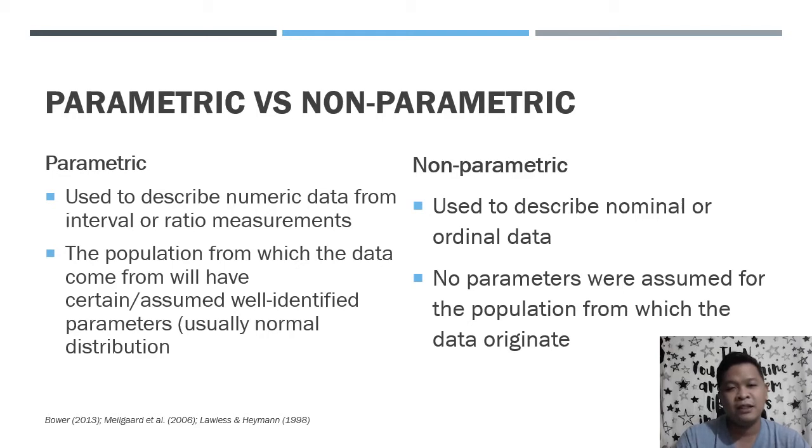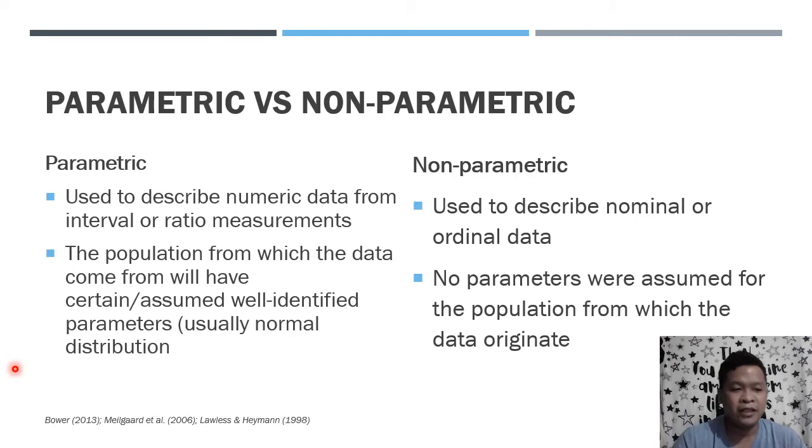So actually, it's possible for you to have interval or ratio data and still be considered non-parametric. And that is when you don't subscribe to the parameters or the data is not normally distributed.